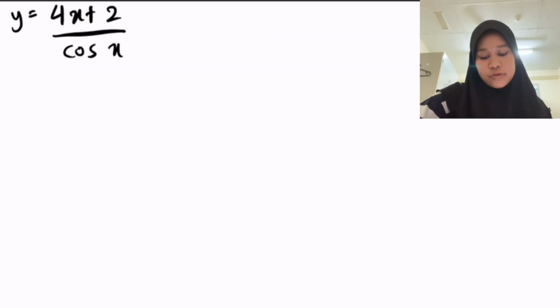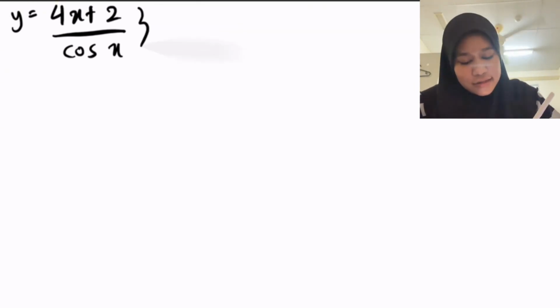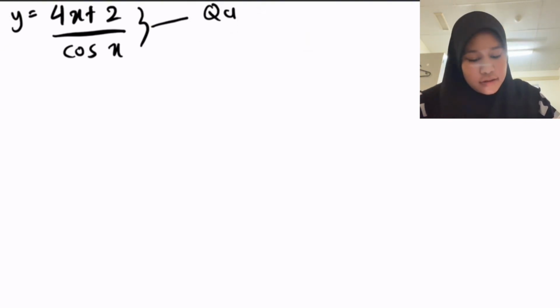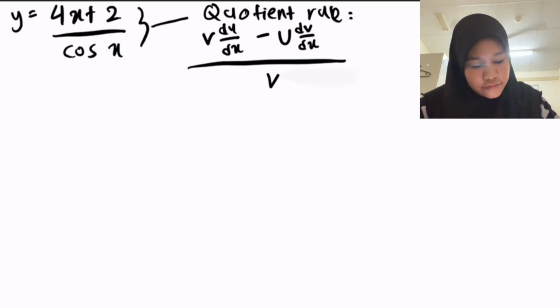Now, y equals (4x plus 2) over cos x. We're going to differentiate this equation. By looking at this equation, we can already see that it needs to be solved by the quotient rule, which is v du over dx minus u dv over dx, over v squared.